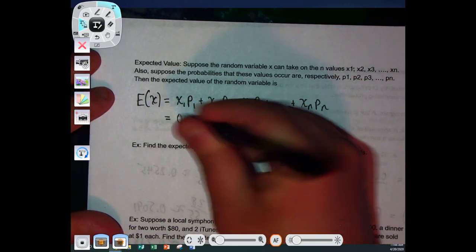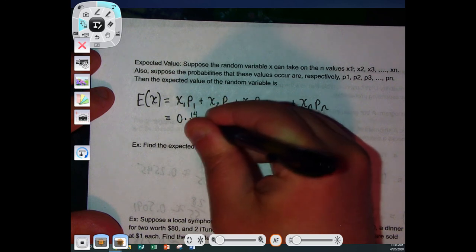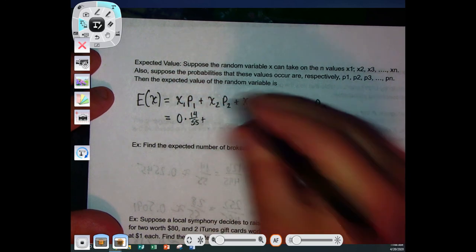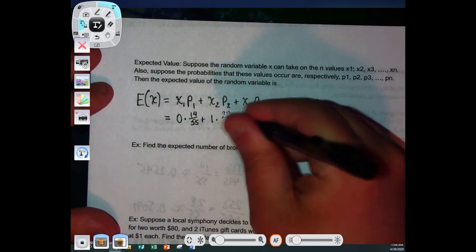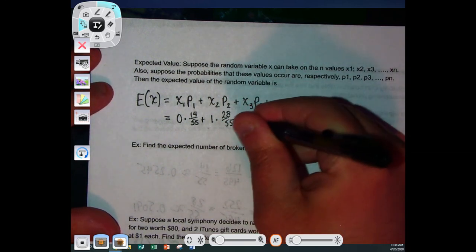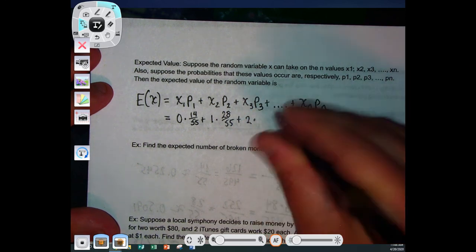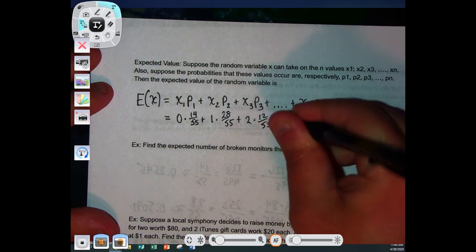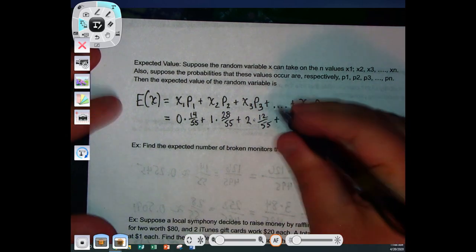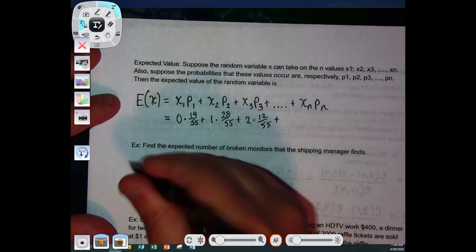So it would be 0 times 14/55 plus 1 times 28/55 plus 2 times 12/55 plus 3 times, oops, should be doing that down here.